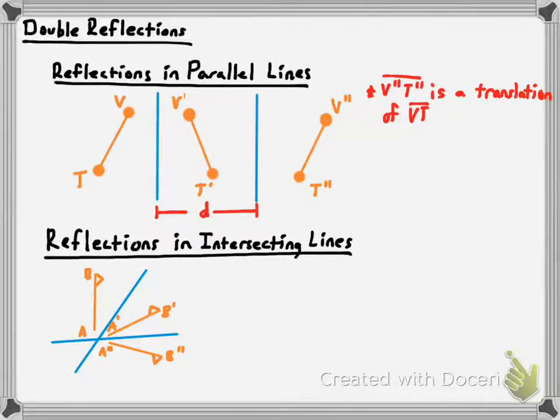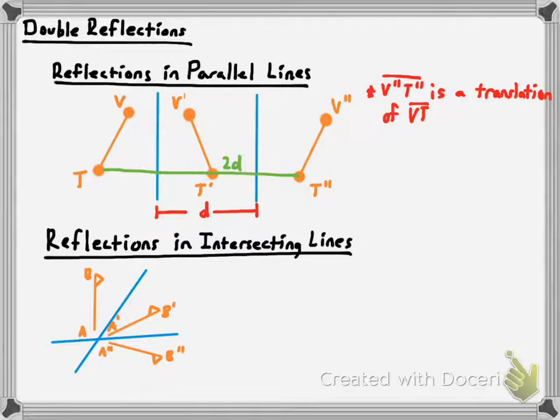All right? Well, what always happens is that if you do a double reflection in two parallel lines that are D units apart, the distance of the translation that you would end up with happens to be twice the distance between the parallel lines. So what I mean is that if I were to draw the segment connecting T and T double prime, right there, that distance would be twice the distance between the parallel lines.